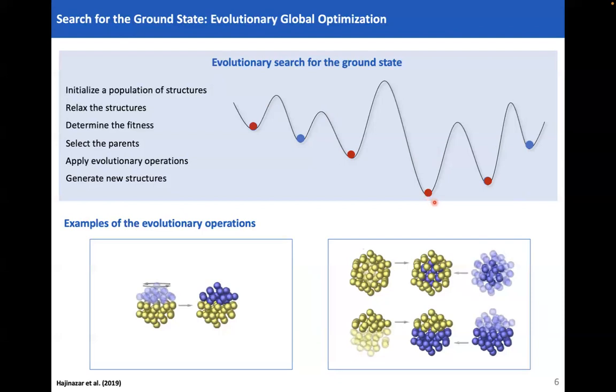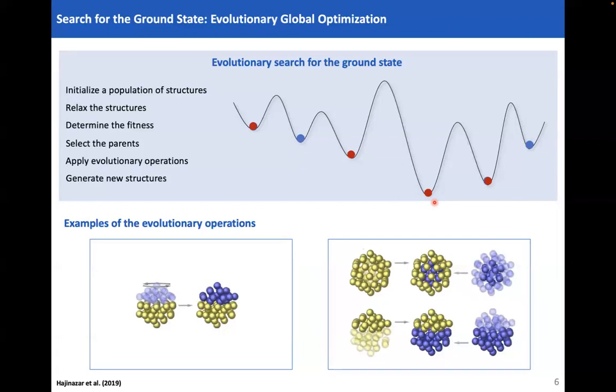As has been shown in previous studies conducted by many groups, this is a really efficient algorithm for global optimization of chemical compounds, including those examples which I showed you. At least two of them were done using the evolutionary search algorithm.